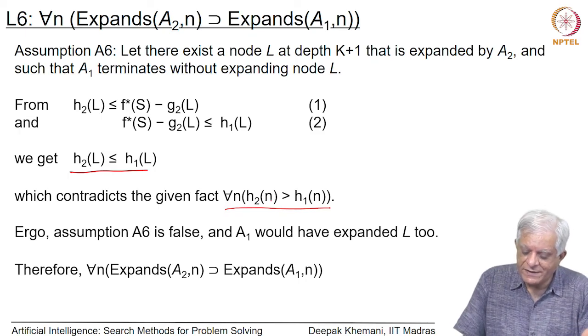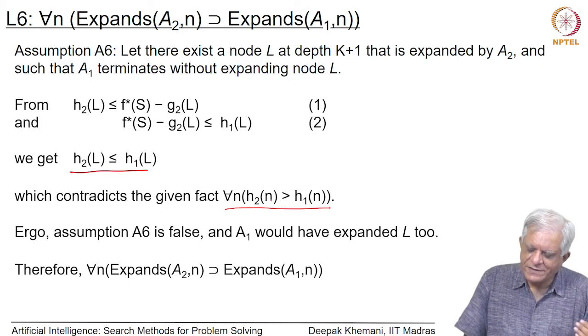We said that it is not possible that A2 inspects L and A1 does not inspect L, which means that if A2 has inspected L, A1 also must inspect L, and then by the principle of mathematical induction we can say that this property is true for all nodes.